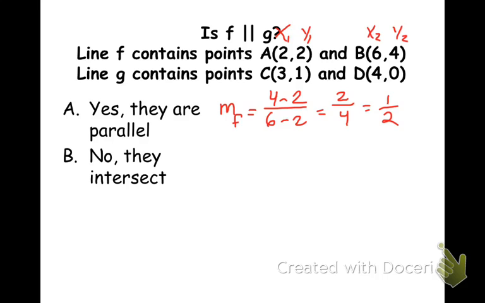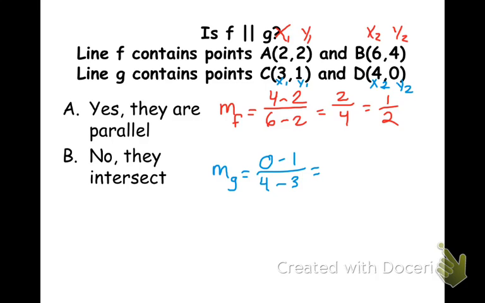Okay. Now if we do the same thing with line G, the slope of line G, m sub G, here's going to be our x1 and our y1. Here's our x2, 2, and y2. Our slope for line G will be 0 minus 1, y2 minus y1, over 4 minus 3, x2 minus x1.